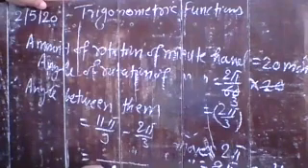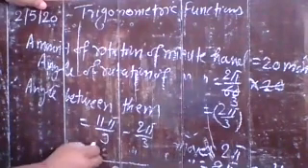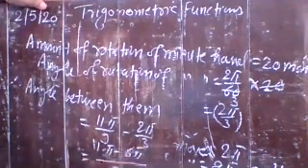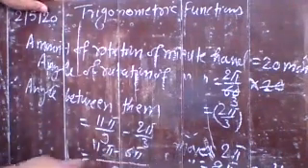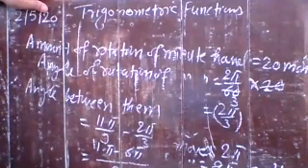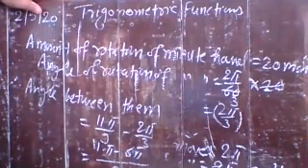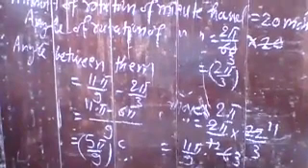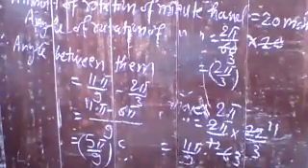Taking LCM, here you have 9, 11 pi minus 6 pi. So 5 pi upon 9 radian is the angle between the hour hand and minute hand.